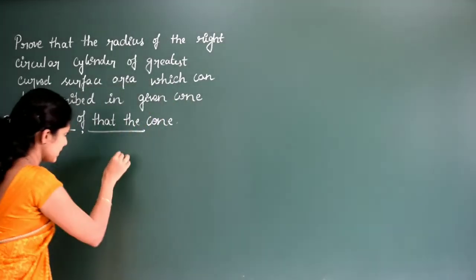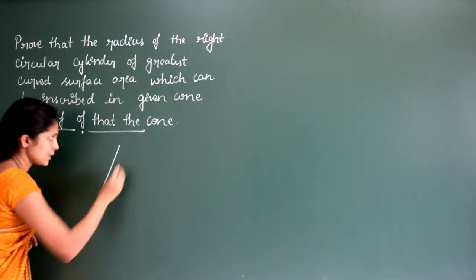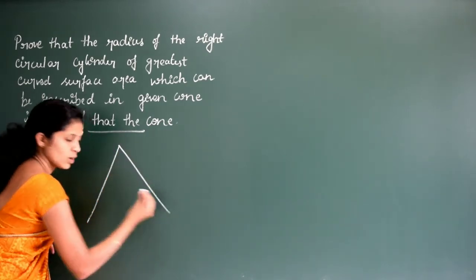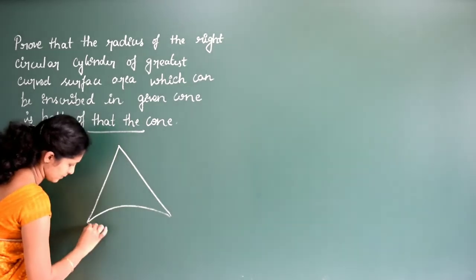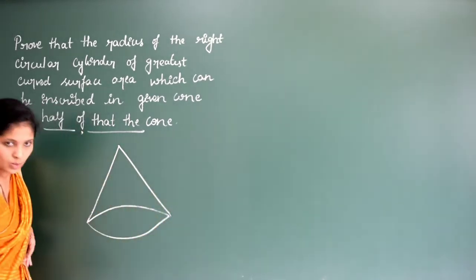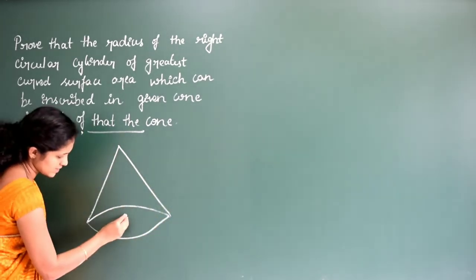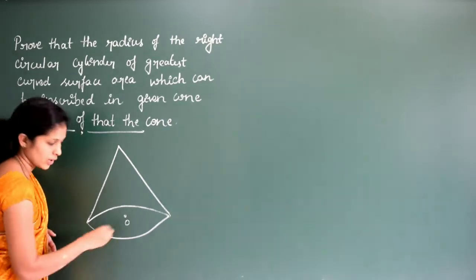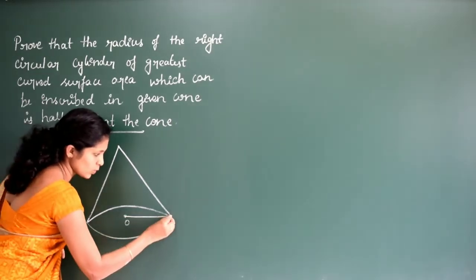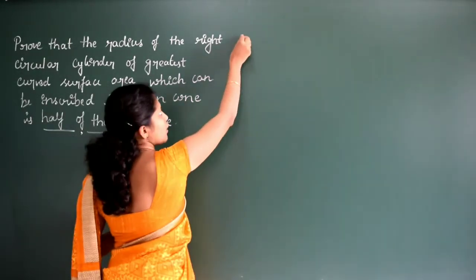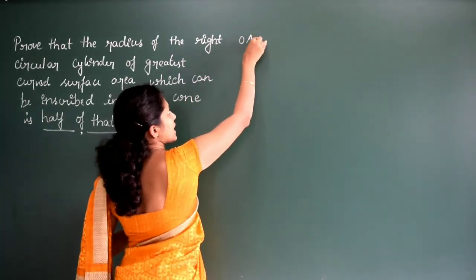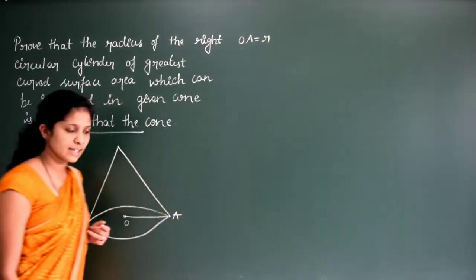Let us consider our diagram so that you can understand it. Let me consider this is a cone, okay? There is one cone given. This is a cone. Now I will consider this point as O, okay? Now this is the radius of the cone. We will consider this point as A, and we will consider the radius of the cone OA is equal to R. So clear?